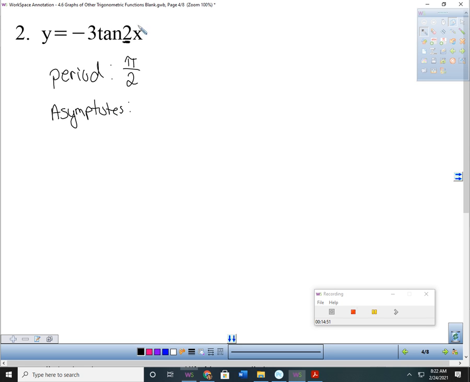So I'm going to take whatever I'm taking the tangent of, which is the 2x, and I'm going to set that equal to negative pi over 2. And I'm going to set that equal to positive pi over 2. Then I just solve for x, so I divide by 2.